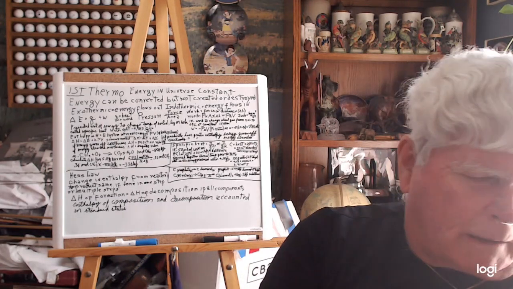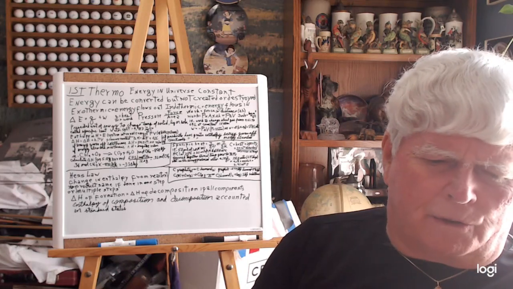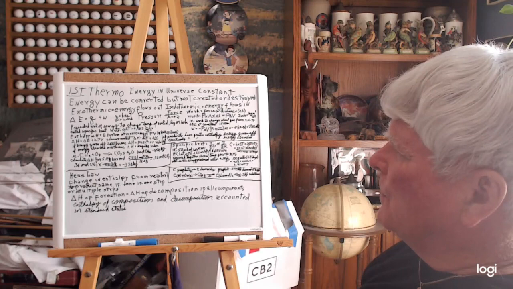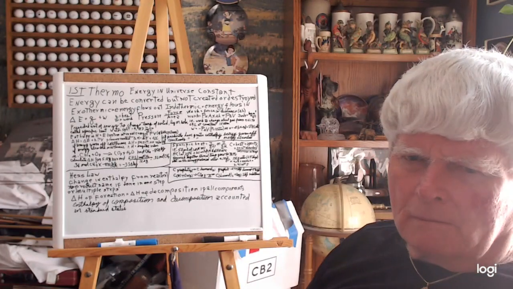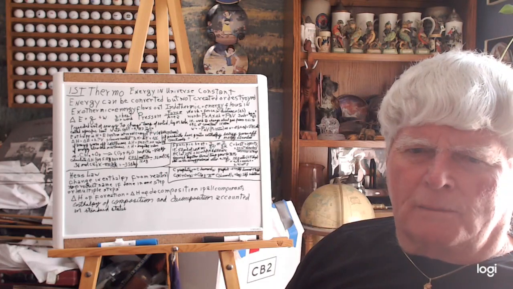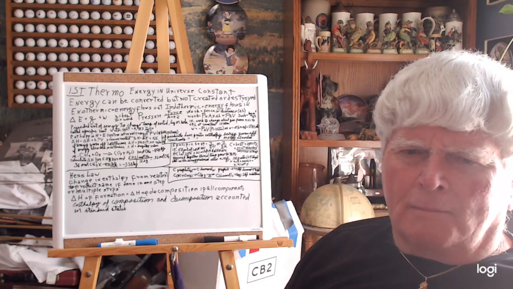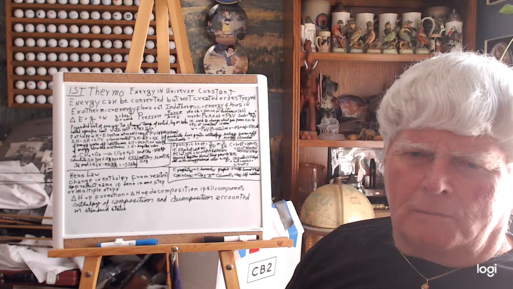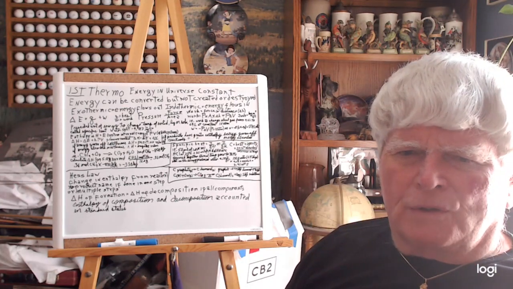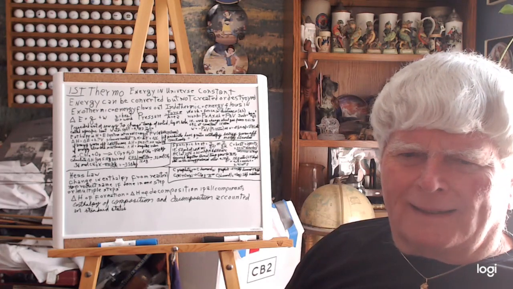Okay, let's talk about the different kinds of energy relationships. An exothermic relationship, energy flows out. You light a burner. It's an exothermic reaction because the propane, butane, methane that you're using gives off energy.